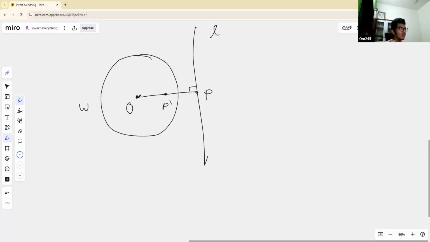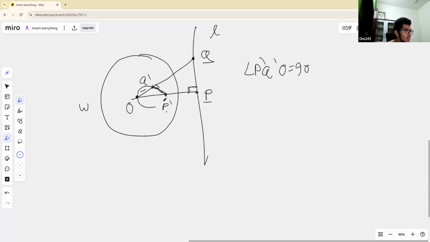Now we know that if you consider any point Q on this line, then it should map to some point here, Q dash, such that this angle should be 90. Because we proved that P dash Q dash should be cyclic, and because this is always 90, this will be cyclic, and that cyclic implies angle P dash Q dash O is 90.